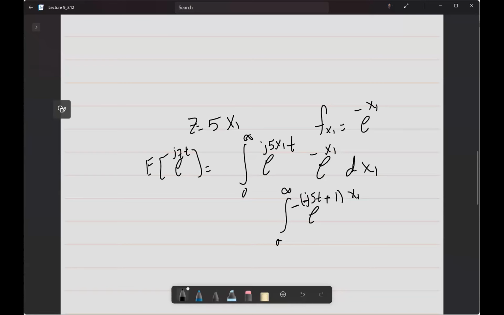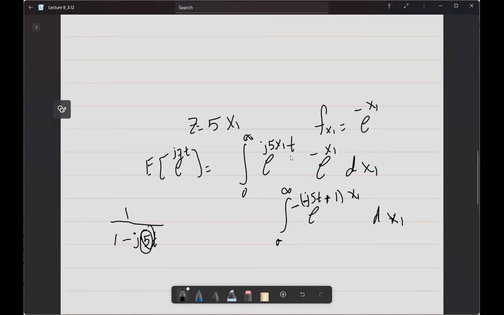Then when you take this integration from 0 to infinity, of course the integration of e to the power of anything will be 1 divided by 1 minus j5t. Then you take this from 0 to infinity, and this will be 1. So this will be the result of the integration. The difference is that, instead of minus jt, it becomes minus j5t.